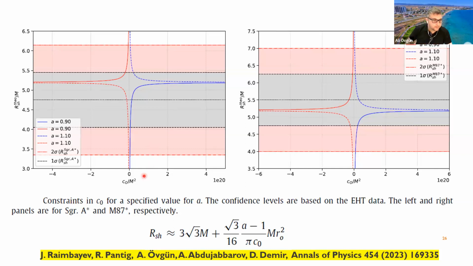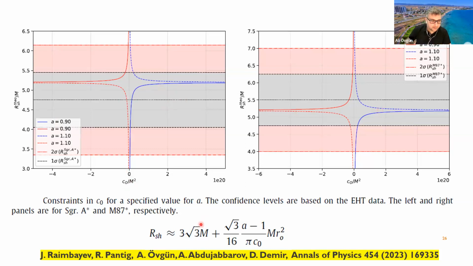For example, you can see in the 1 sigma region, the shadow radius is constrained to the alpha. Here, instead of alpha, we say A value, and you can see what the C0 values should be. So you can say that these A and C0 values are in the allowed region.